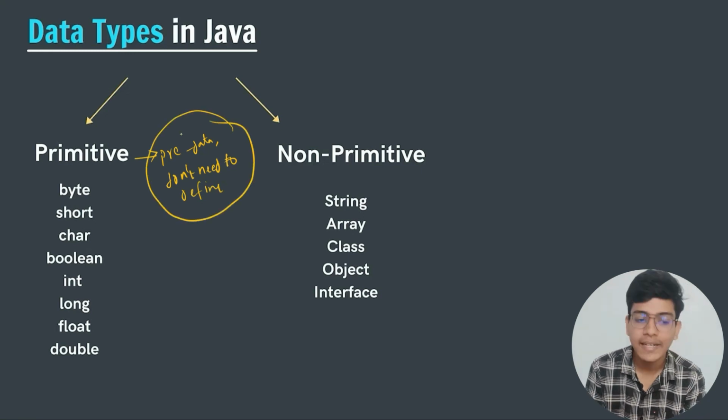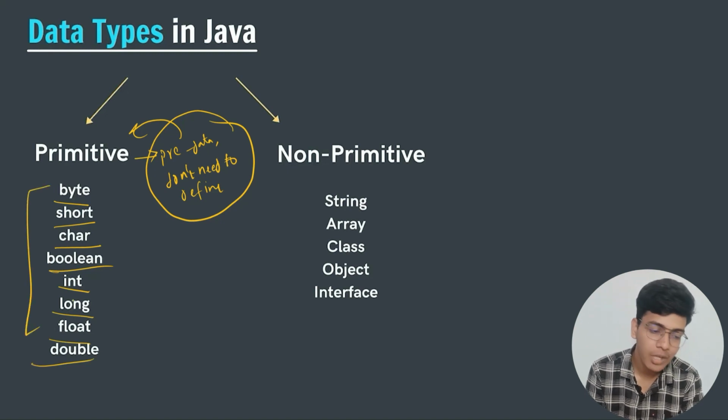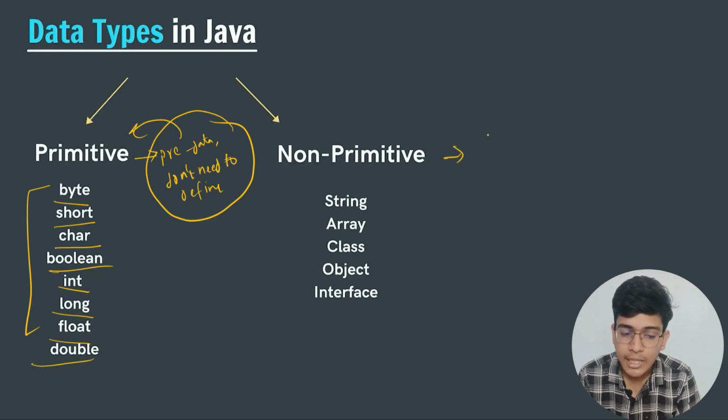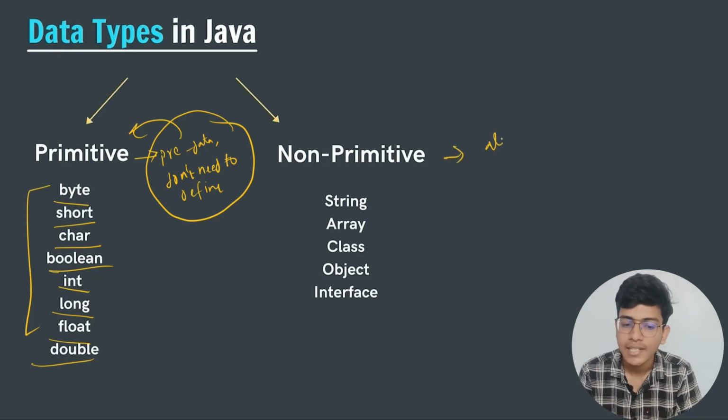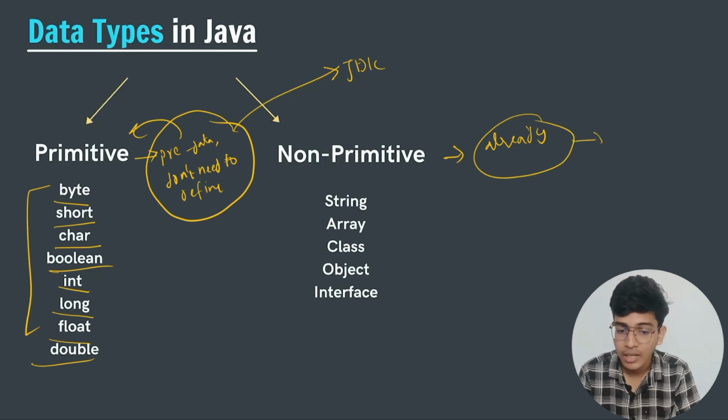These kinds of data types are known as primitive data types. In this we have byte, short, char, boolean, integer, long, float, double. These are the primitive data types, whereas non-primitive data types are not predefined. It is there in our JDK, but we need to define or declare what this particular keyword means.